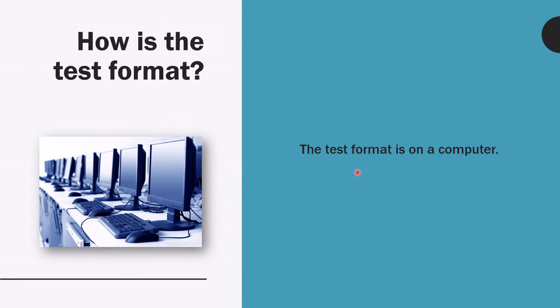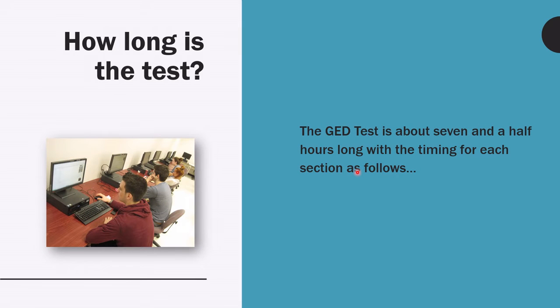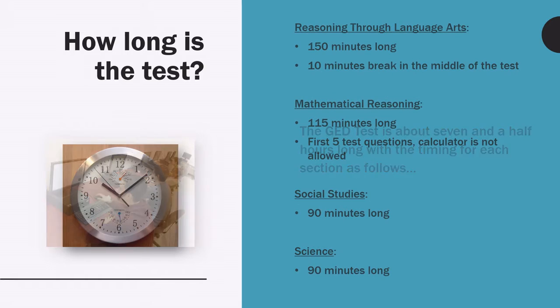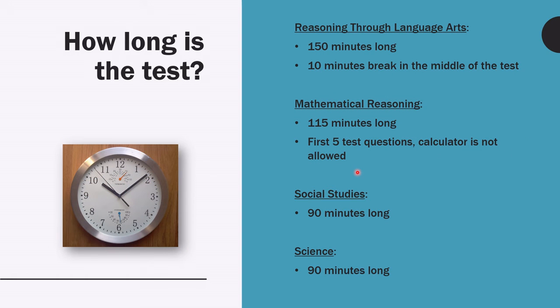Now, how long is the test? Well, the GED test altogether, my friends, is about 7.5 hours long. It's broken down into four sections here in the state of Texas, and I'm sure this is also applicable to most of the states in the United States.